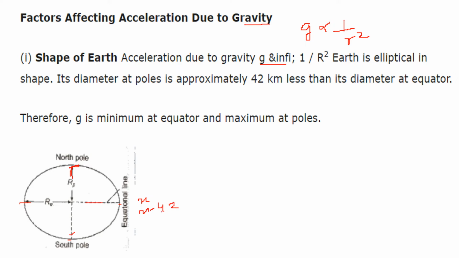Because the distance from the center of the earth is less at the poles, g is minimum at the equator but maximum at the poles. The gravity at the pole will be higher as compared to the equator, because the poles are nearer to the center of the earth.